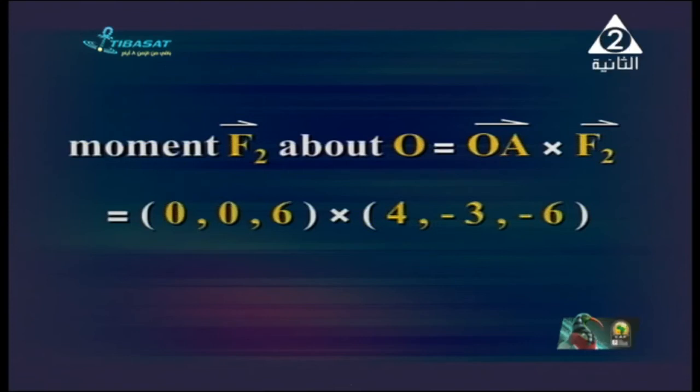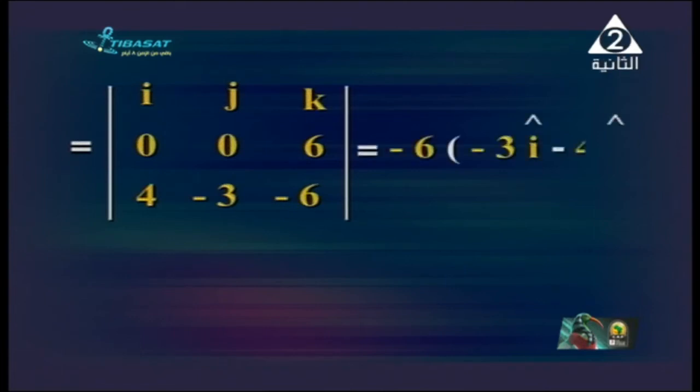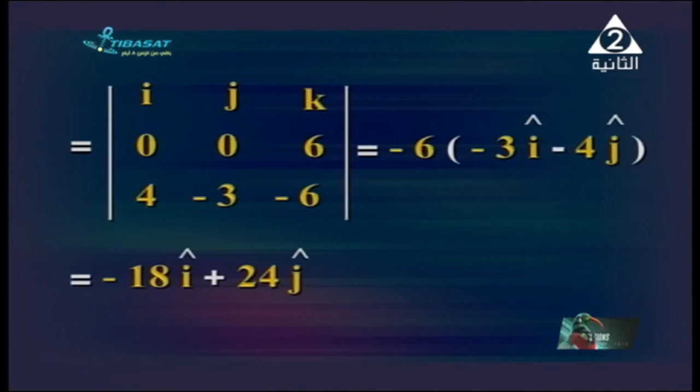By using determinant, my dear student, IJK first row, second row the components of our vector, third row the components of the force vector, equals -6 multiply -3I -4j, equals 18I plus 24j.